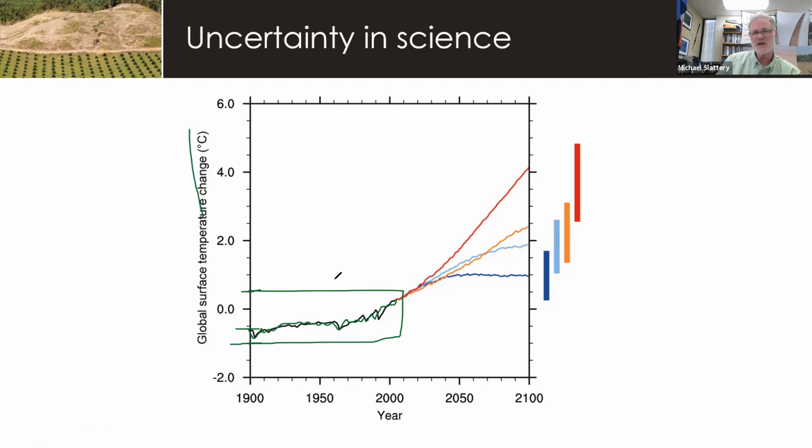The colors here, the red, orange, blue, and dark blue, are the predictions of what global temperatures will be by 2100, based on global climate models, right? Folks, we don't know what global temperatures will be in 2100 until we get to January the 1st, 2100.